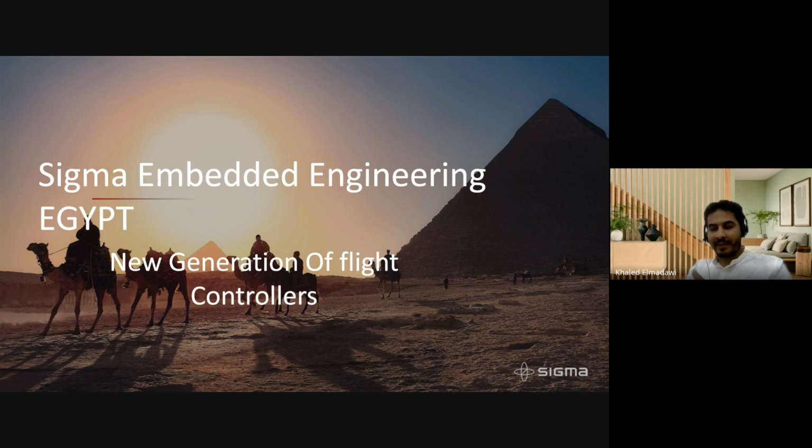First, we will start with classical, and then classical plus, and then the new generation flight controllers. And then we will talk a little bit about our software stack, what we do, and our software aerial platform. What are the features that distinguish it from any new generation flight controller that is already available? And then we will show some demos.